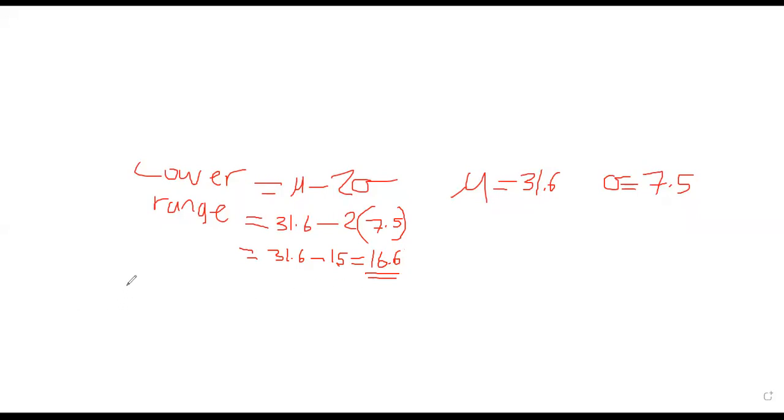Now, getting down to the upper range, it's just the opposite of the lower range, where our mu is 31.6, then plus 2 times 7.5. So we are getting 15 plus 31.6, which gives us 46.6.